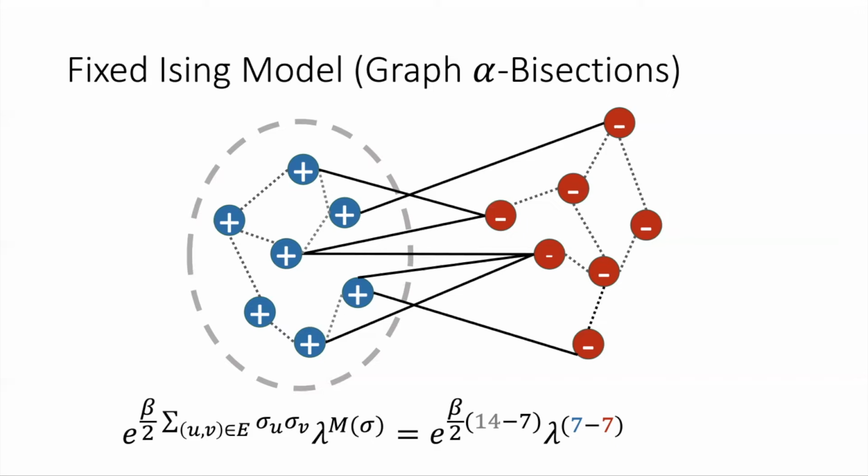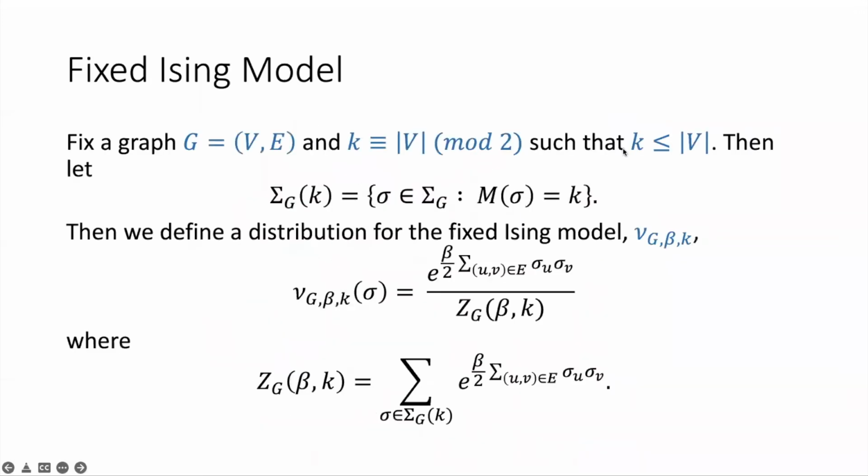So now we're doing this distribution over bisections. To put up more or less the same math, but with a few slight changes here, for the fixed Ising model, we again have this distribution. We're only fixing the magnetization. So instead of being an arbitrary signing of plus minus 1, it is a signing of plus minus 1 where we know the number of pluses equals the number of minuses. Then we define a distribution nu, or eta, which is basically proportional.